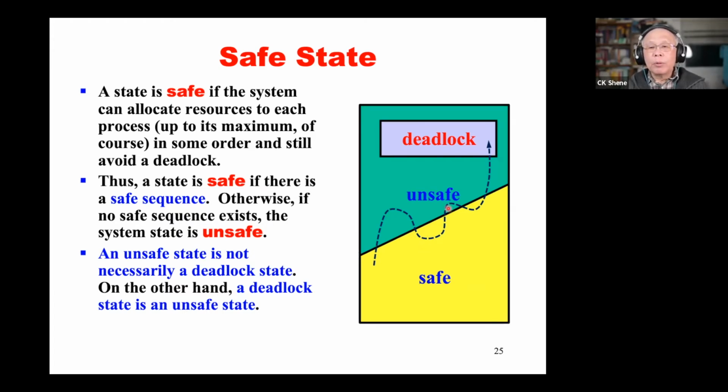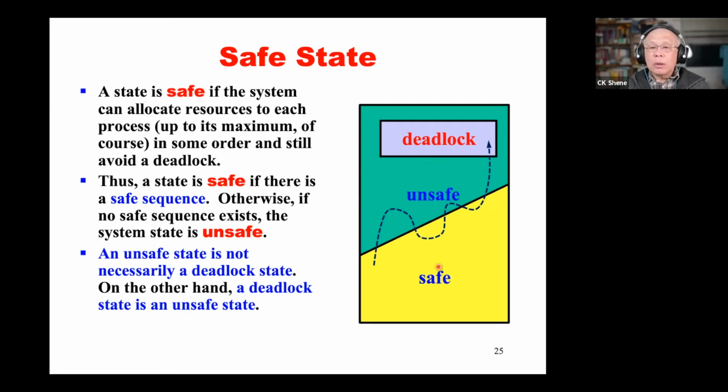If for some reason we have a deadlock, of course, a deadlock occurs because it is unsafe. We have no way to allocate resource to rescue the system from an unsafe back to a safe state. So an unsafe state may not be a deadlock state, but a deadlock state is an unsafe state.